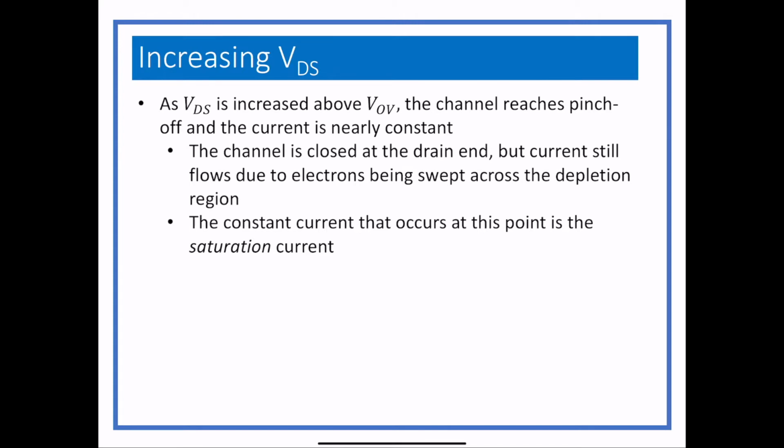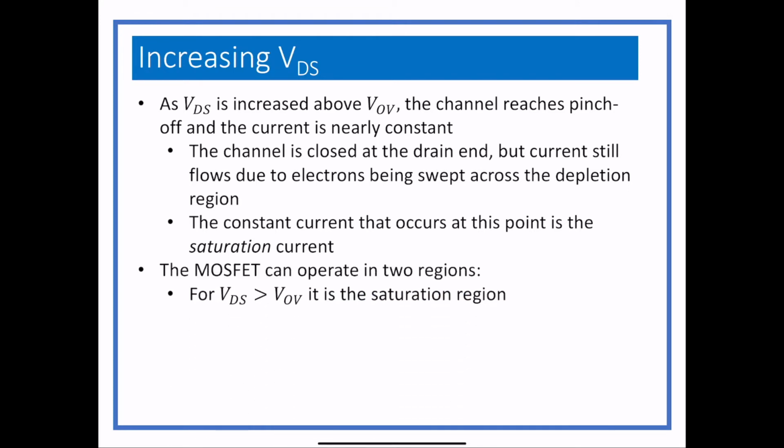And the point for VDS where that occurs is the saturation value of VDS, or the minimum value of VDS you need to be in that constant current region, because the constant current region is actually where a lot of the operation takes place. So there are two areas in which MOSFETs operate.